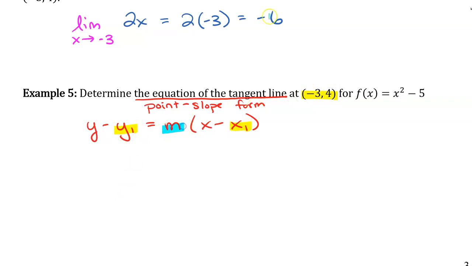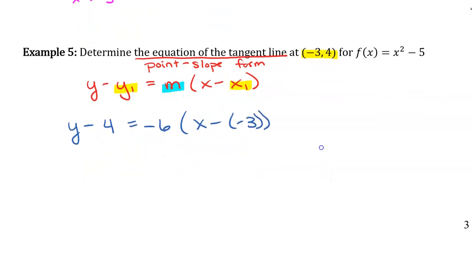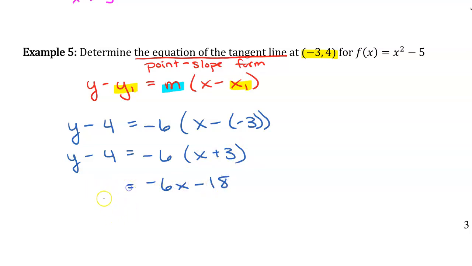And then the slope, well, we found that, the negative 6. So y minus 4 equals negative 6 times x minus negative 3. Careful of your negatives. And solve for y. So y minus 4 equals negative 6x minus 18. So add 4 to both sides: y equals negative 6x minus 14.